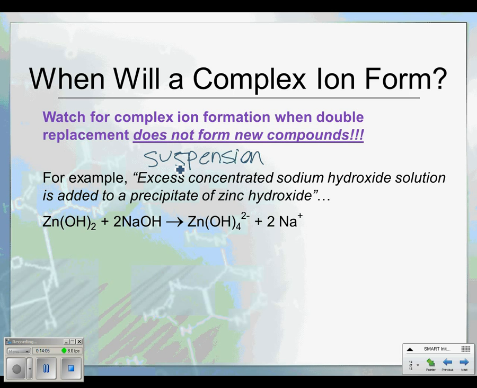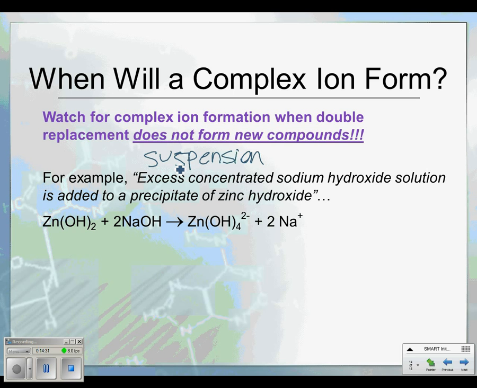And another thing that normally happens is you'll see that this double replacement reaction they've given you does not occur. It's 2 hydroxides reacting with one another, and there's no actual double replacement. But whenever you see something and it looks kind of fishy, think about the fact that it could be a complex ion that's forming. So here we do have zinc with the 4 hydroxide ligands being attached to it.